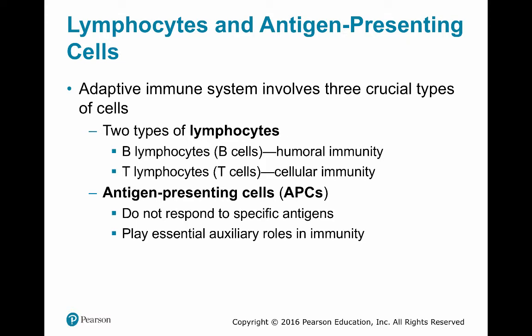So B cells help make antibodies, and T cells help attack and get rid of the microbes. There are also the antigen presenting cells. They do not respond to specific antigens, and they play auxiliary roles in immunity.